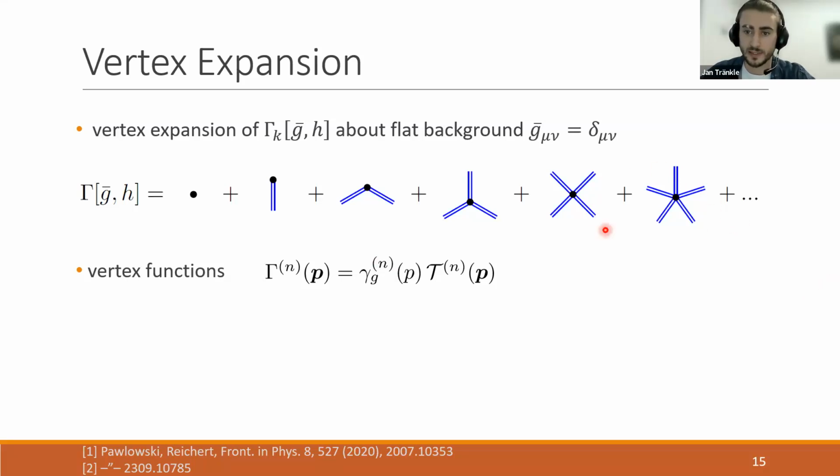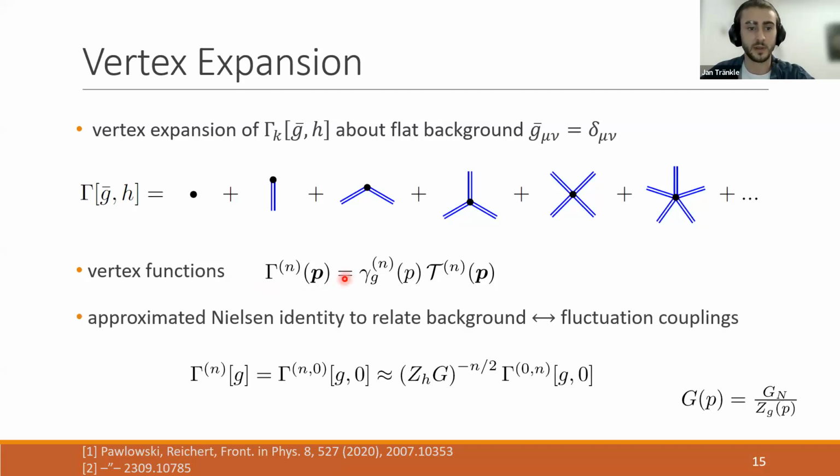Now I told you we expand the effective action in fluctuation vertices, but for the reconstruction of the background effective action, we want these background endpoint functions. So we use an approximation for the full Nielsen identity exactly to relate the background and fluctuation endpoint functions. And our approximation looks like this. Here on the left, we have the background endpoint functions, which we obtain by n functional derivatives with respect to the background metric.